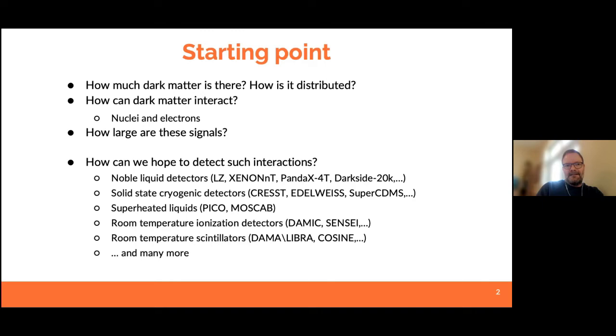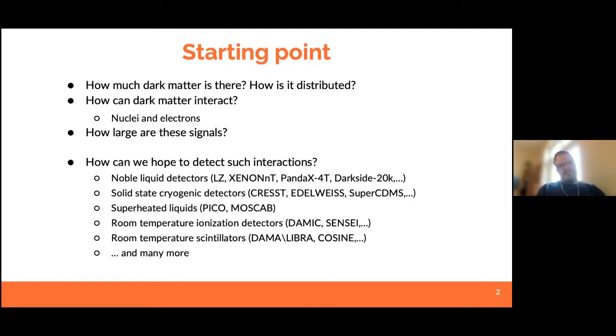I will spend quite some time explaining how these experiments work. And given the title of this conference, looking for SUSY means we're looking for WIMPs at the GeV scale. So this is probably the most relevant technology in that sense.